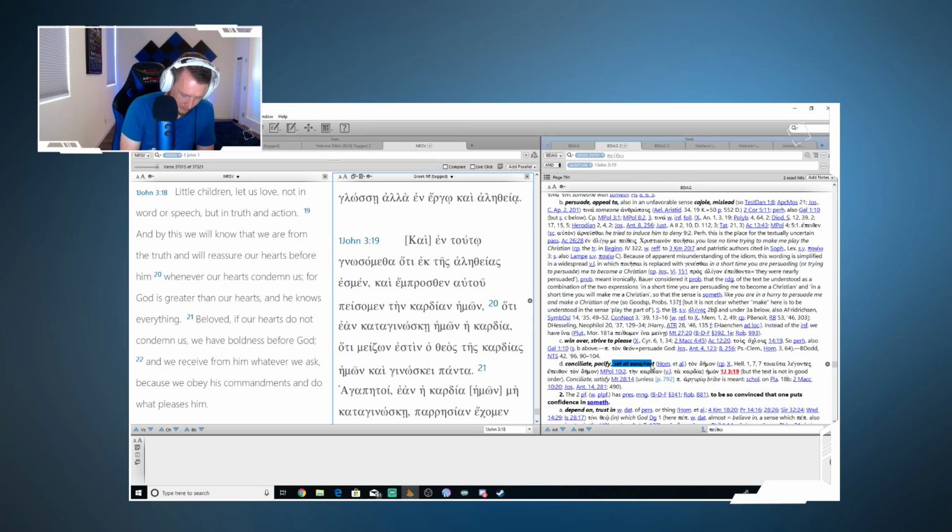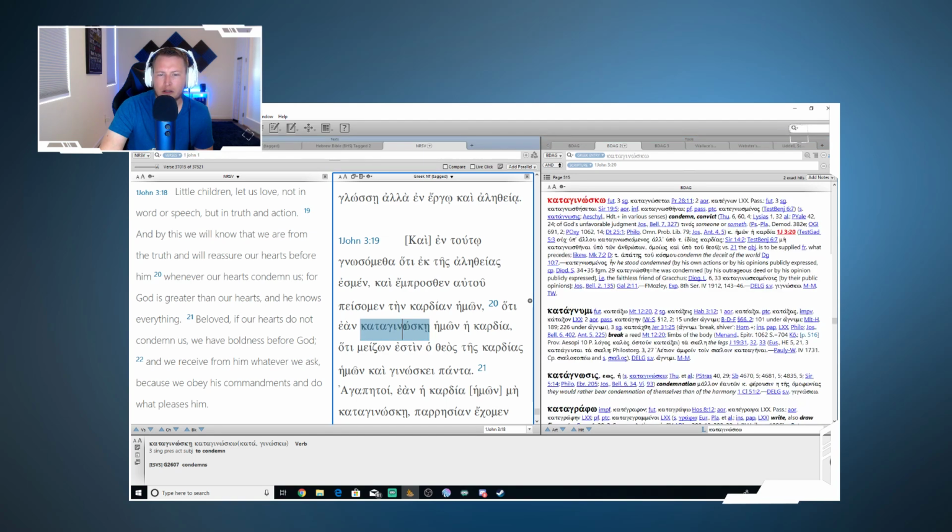Verse 20. Hoti ean kataginosko hemon he kardia, hoti meizon estin ho theos tes kardias hemon kai ginosko panta. That if our heart, the heart of us, if our heart might condemn us.